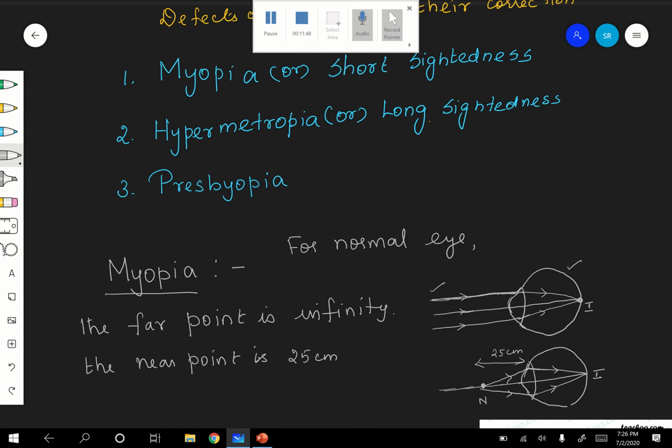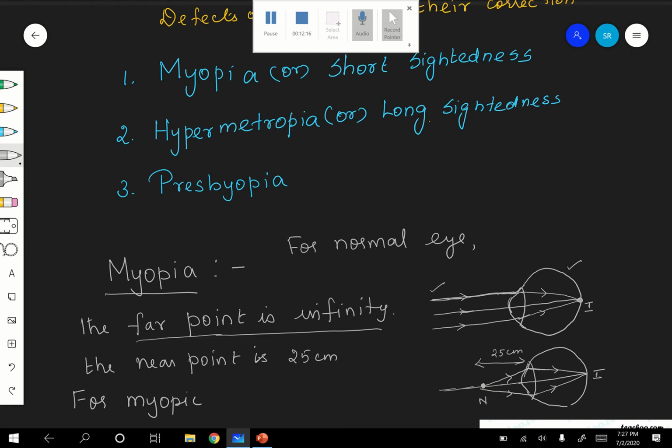Which means that for a normal eye, the far point is infinity, but for a myopic eye, it is definitely less than infinity. What is a myopic eye? The eye which is affected by the defect myopia.